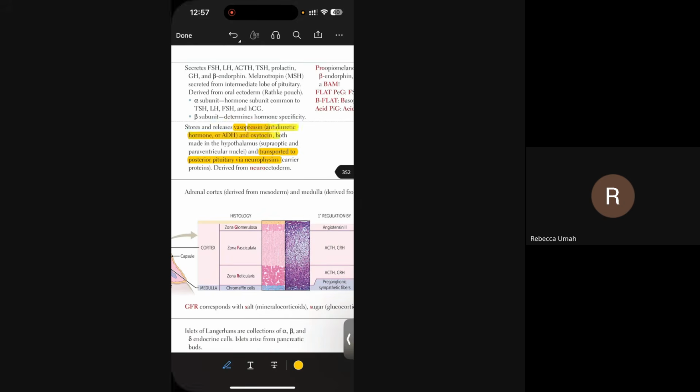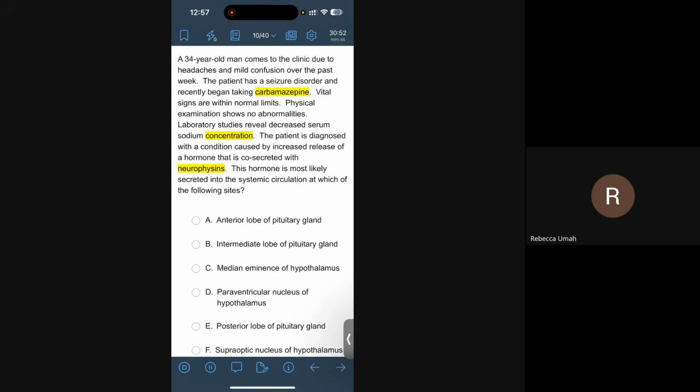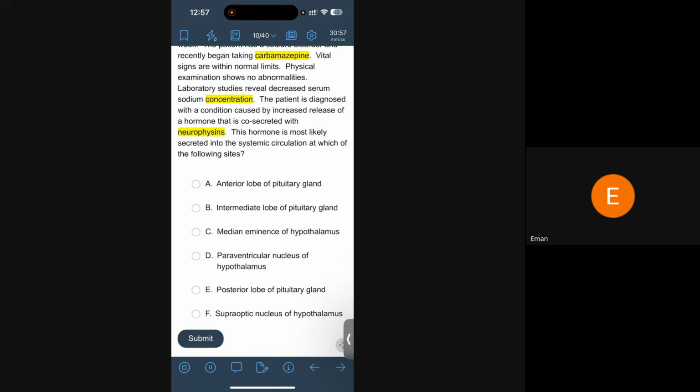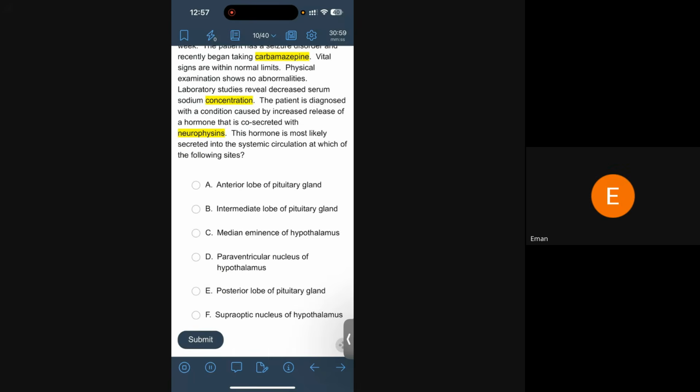And in the question, he has mentioned that they are co-secreted with neurophysins. So we know that the hormone involved is ADH. That's why he has low sodium. That can also explain the carbamazepine use, and the headache and mild confusion because of the cerebral edema due to the low sodium, and also explain the neurophysin.